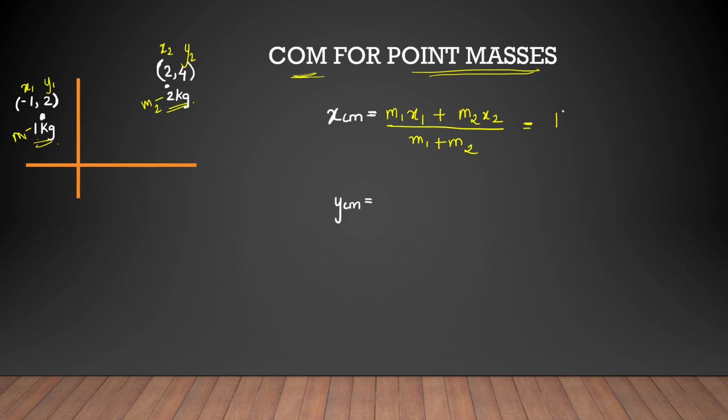Write 1, okay, multiplied by x1, that is minus 1, plus m2 is 2 multiplied by 2 divided by sum of their masses, that is 3 kg. Similarly for ycm, m1 y1 plus m2 y2 upon m1 plus m2.